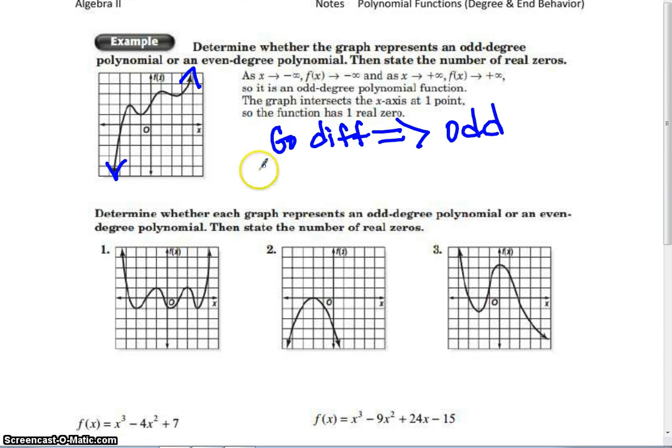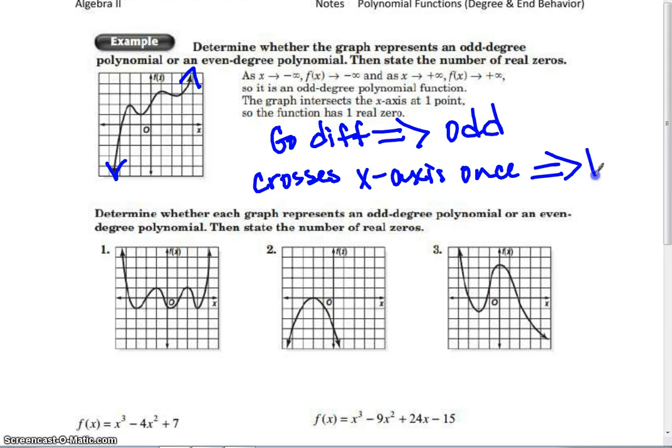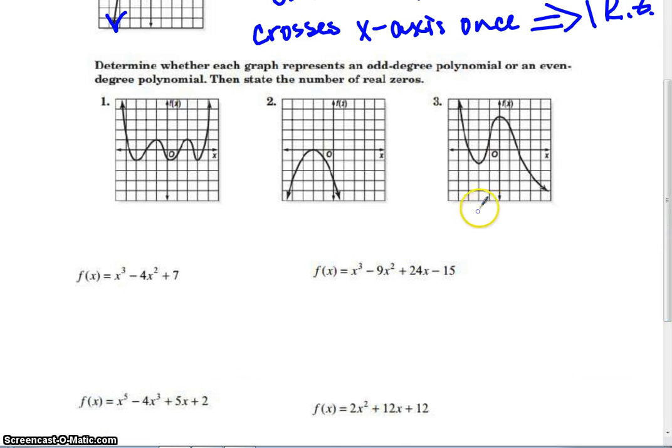How many times does it cross the x-axis? It crosses the x-axis once. So the number of real zeros is 1. 1 RZ, real zero. And that's all it wants. So determine whether each one is odd or even and the number of real zeros.